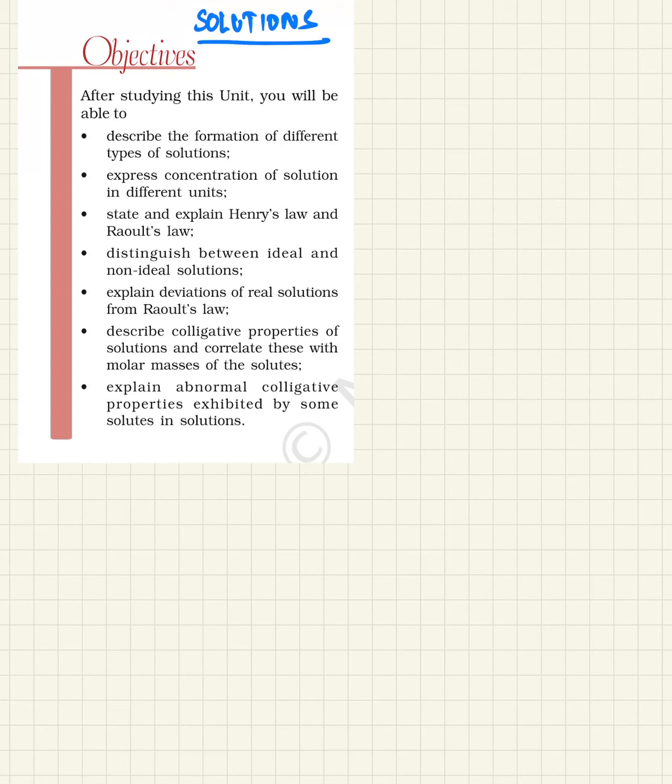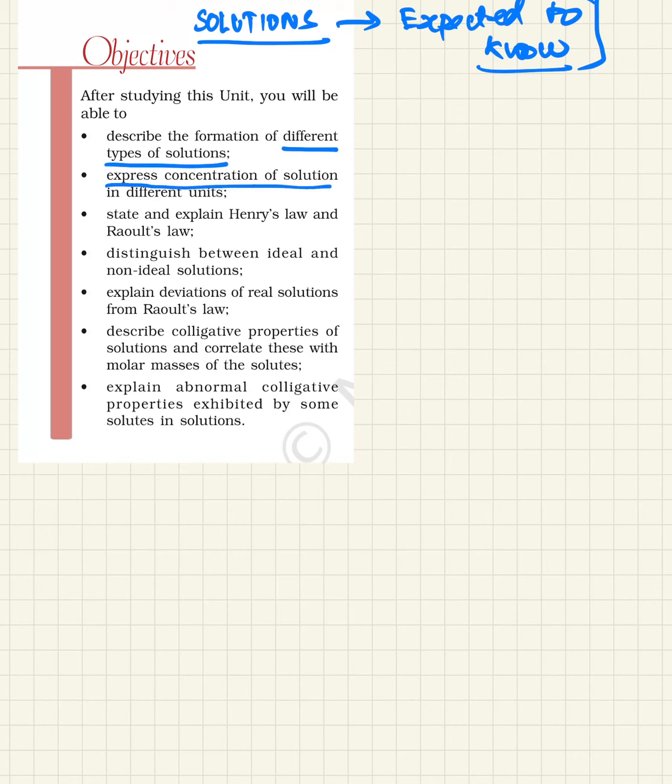So what we are expected to know from the chapter. Let's get started. The first thing is, it says 7 different descriptions. First is different types of solutions. Second is expressions of concentration.